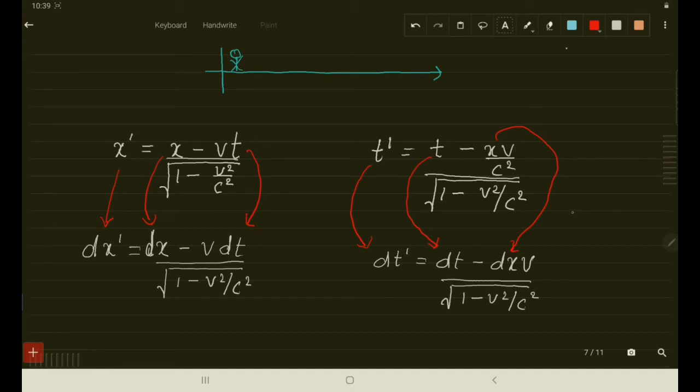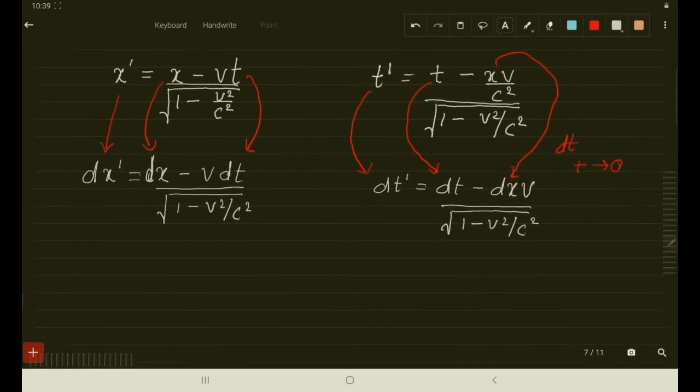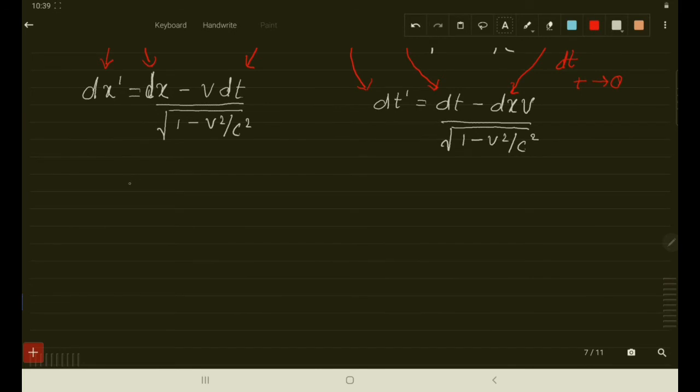The reason is that when we take dt, what we mean is that the time interval tends to 0. The time interval is infinitely small, so the space interval will also be infinitely small. So we can use these substitutions. Now what we need to do is find dx dash by dt dash.